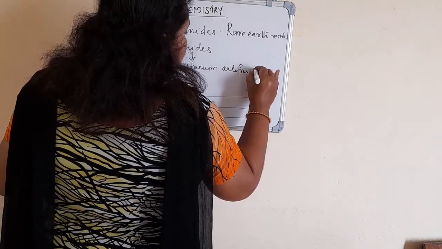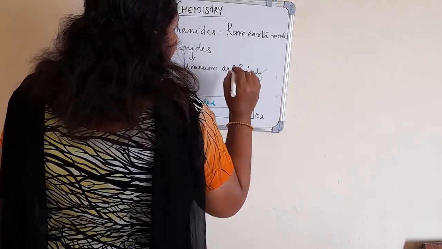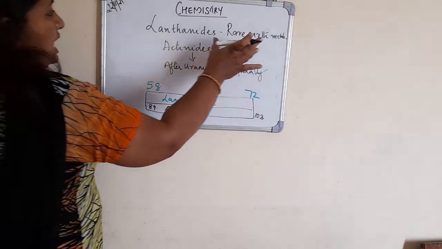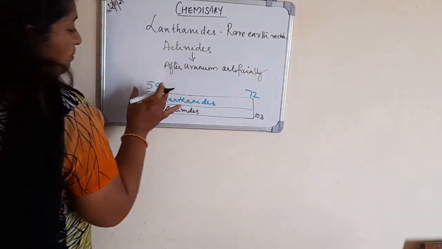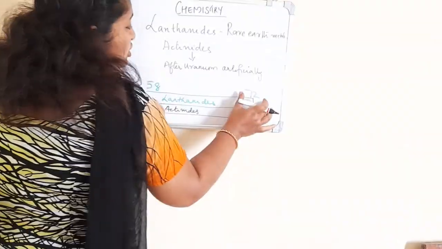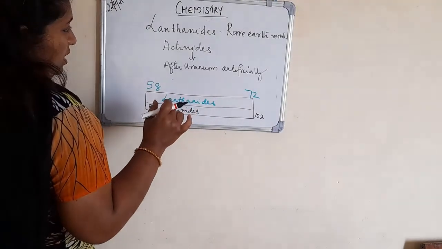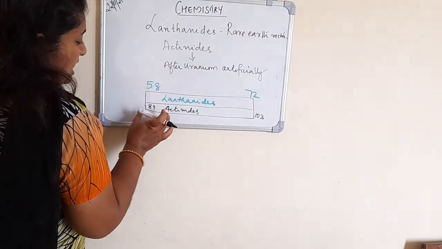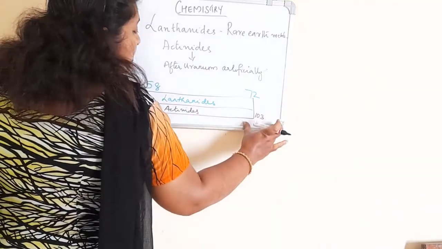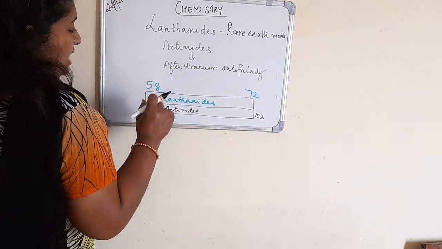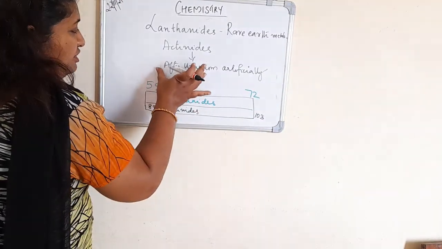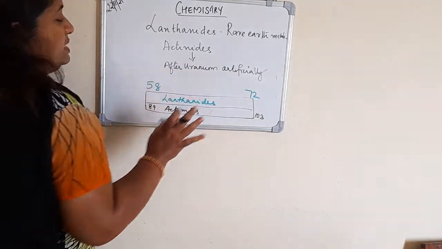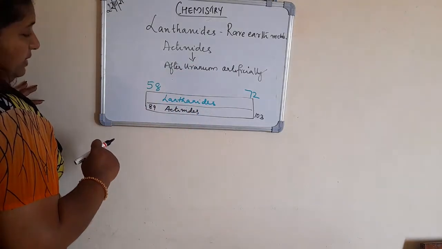So lanthanides are known as rare earth metals, starting from atomic number 58 to 72. In actinides, the atomic number starts from 89 to 103, and in that row, after uranium, all the elements are artificially made.